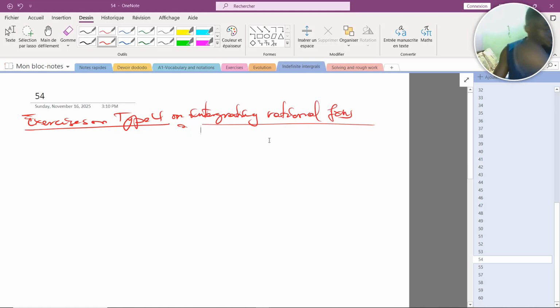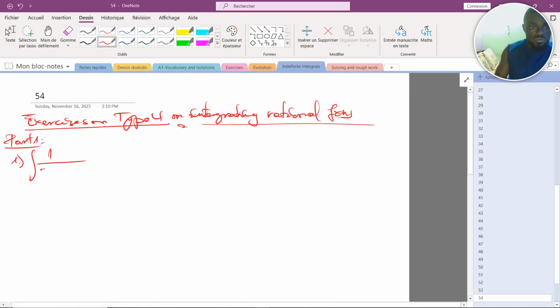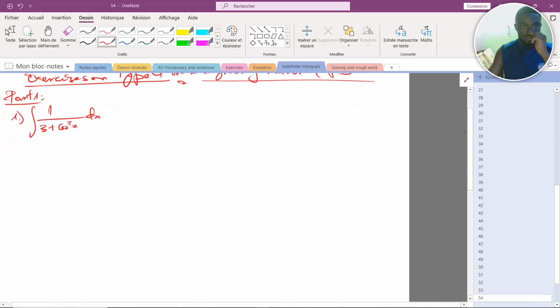Part one, question 1: I'm supposed to integrate 1 all over 3 plus cos square x dx. This is the integral I'm supposed to do.